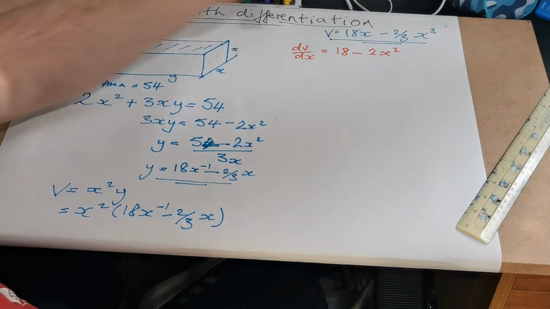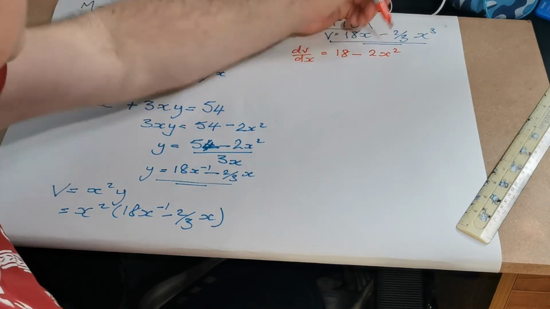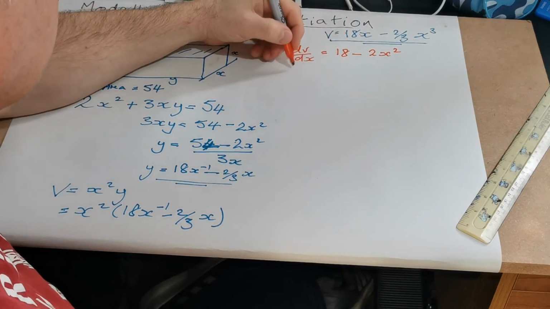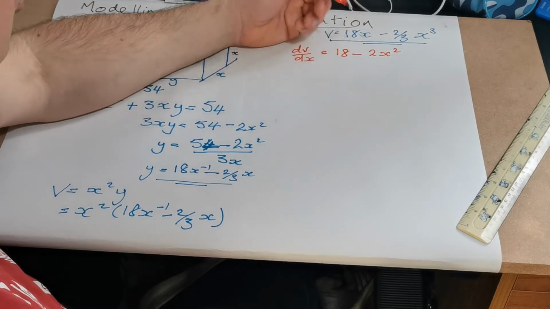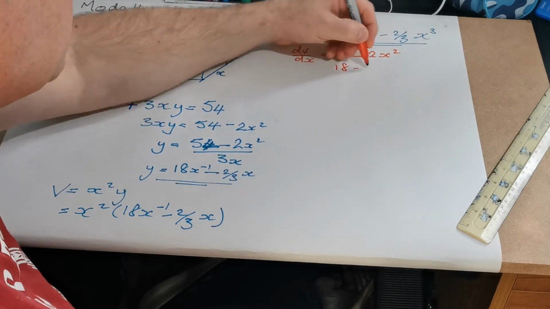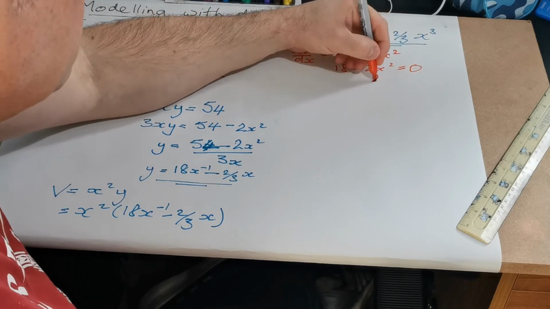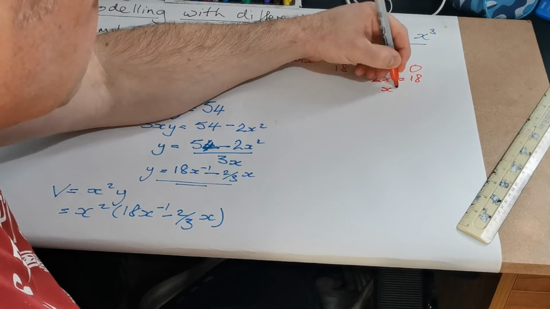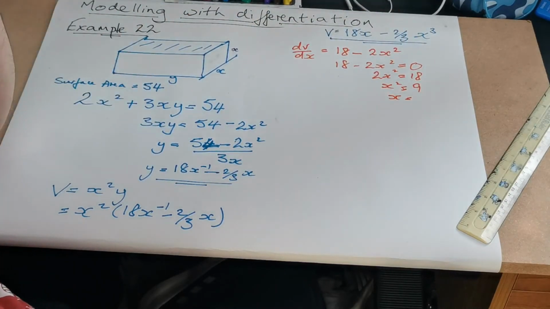When I differentiate, the x disappears, this becomes a 2, and we times 2/3 by 3 to give 2x squared. We're looking for a maximum or minimum, so that's when dv by dx equals 0. It's not getting any bigger, it's not getting any smaller at that point. So 18 minus 2x squared equals 0. So 2x squared equals 18, x squared equals 9, so x equals plus or minus 3.